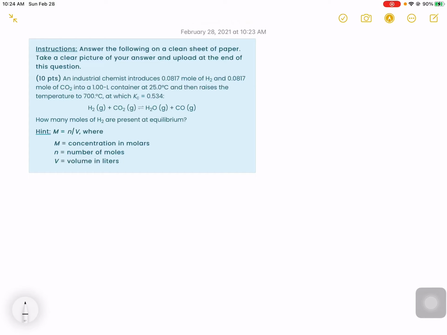For this problem, we have the following information given to us. So summarizing that, we have the given balanced chemical equation.